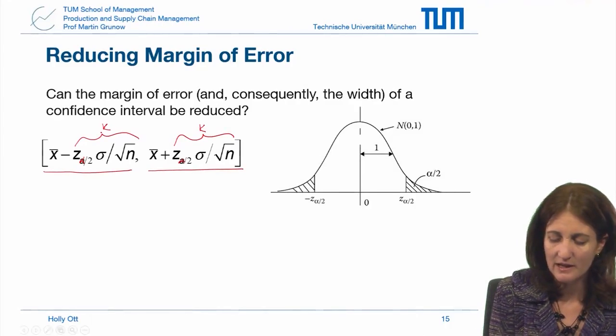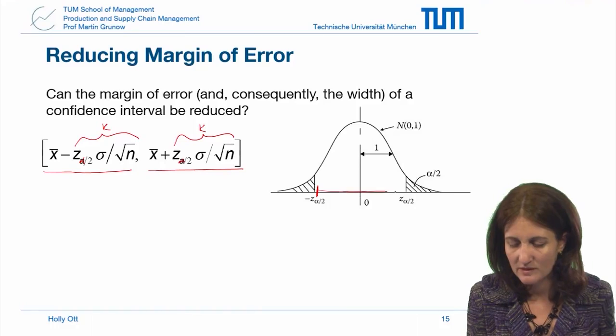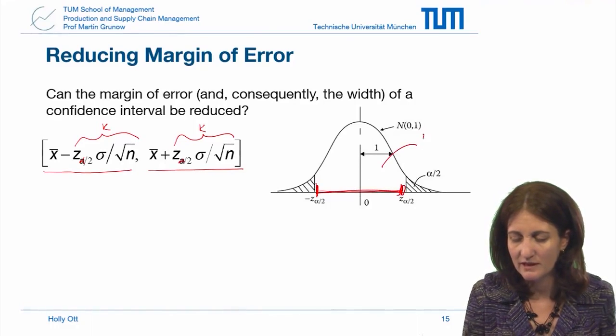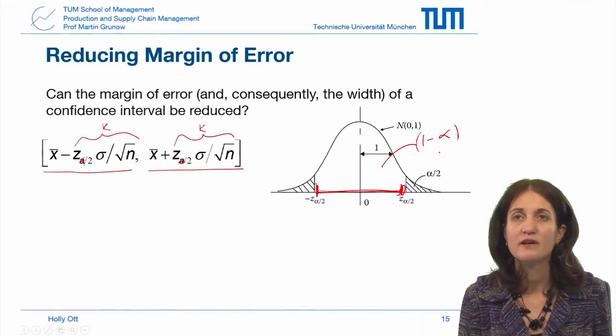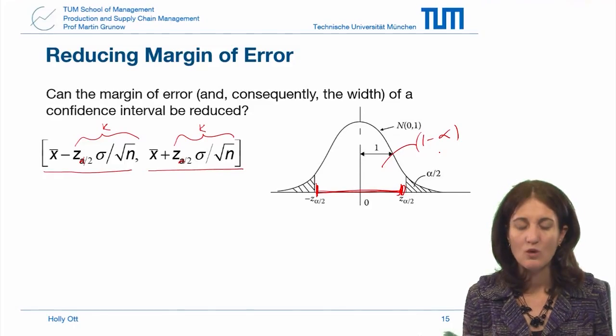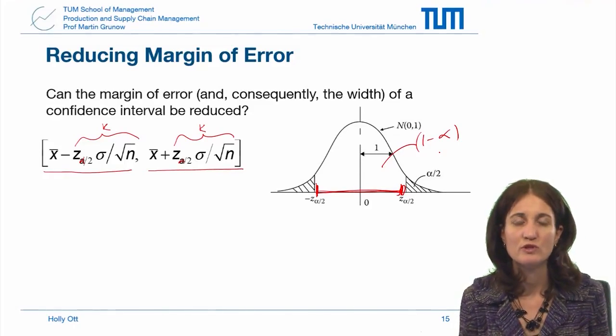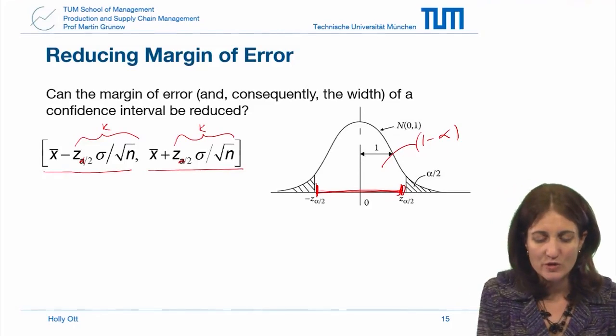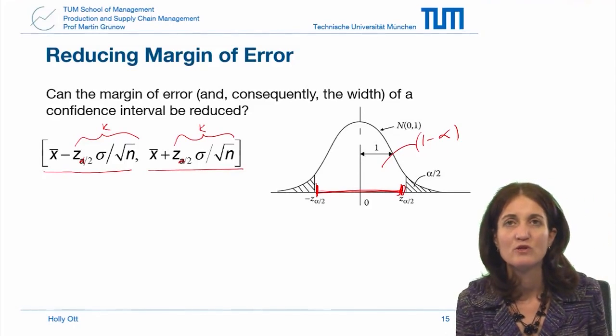We know how to calculate that. Here's a picture. The z alpha over 2 values are defined by the 1 minus alpha probability within those 2 values. What do we have to work with? What would you do if you wanted to make this k value smaller?